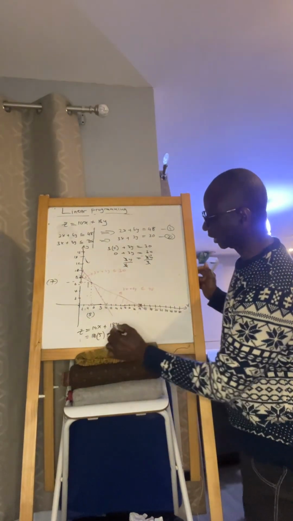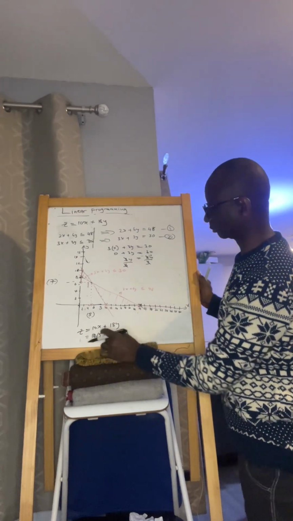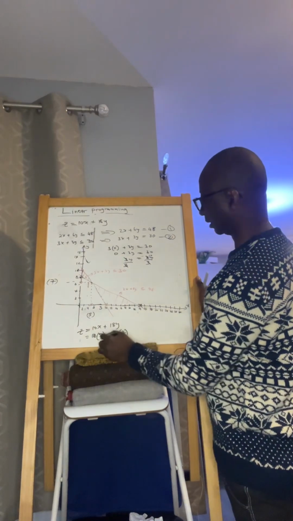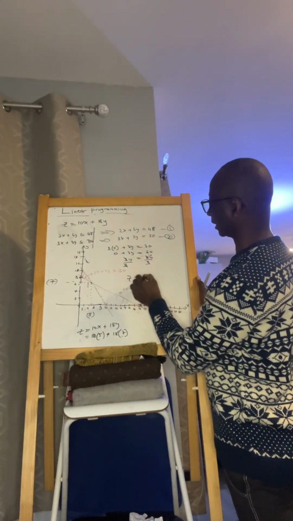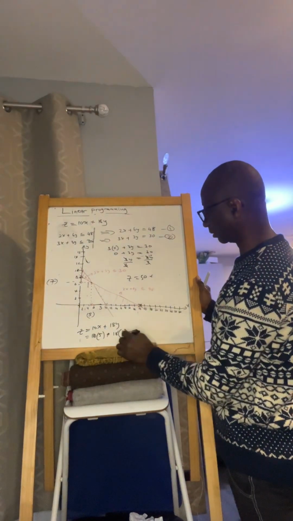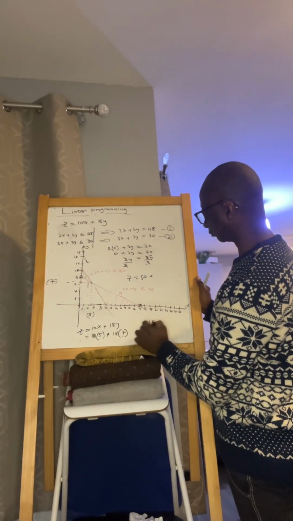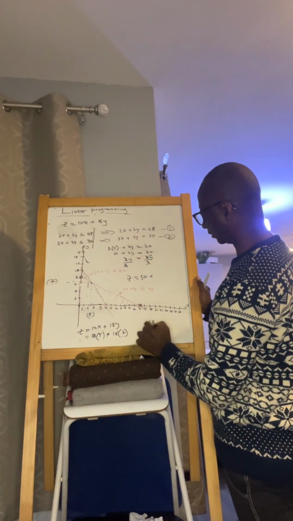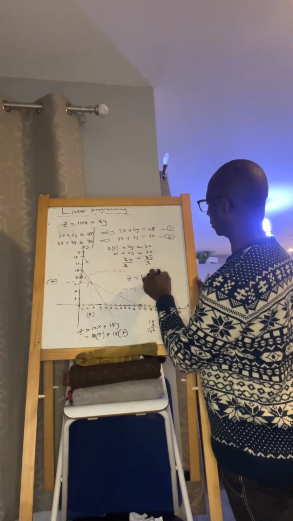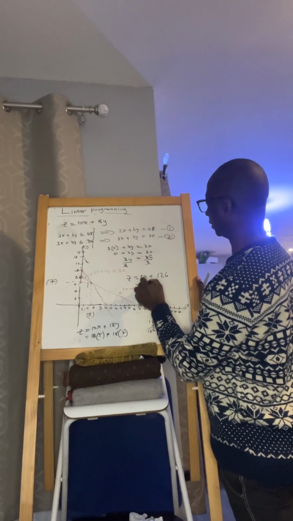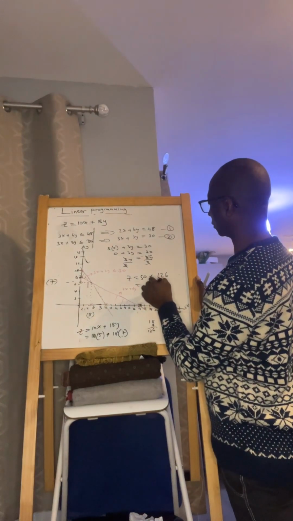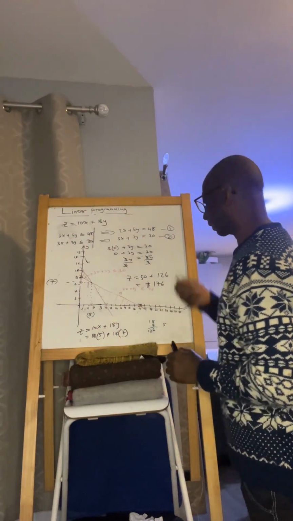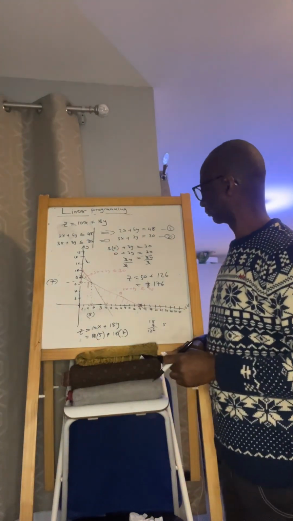And by how much? z equals 10 times 5, which is 50, plus 18 times 7, which is 126. So this is 176 pounds. So their profit has increased to 176 pounds a week.